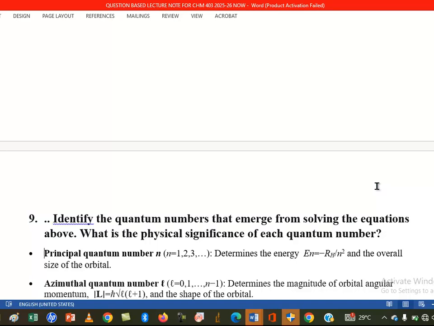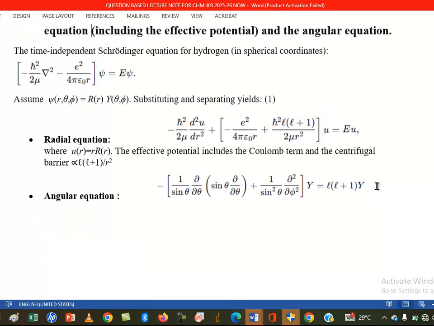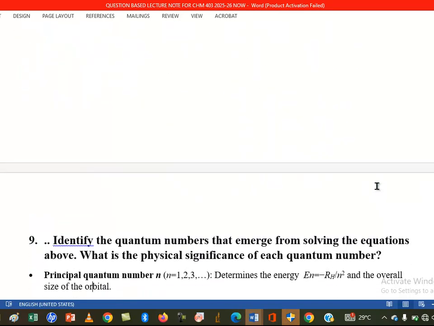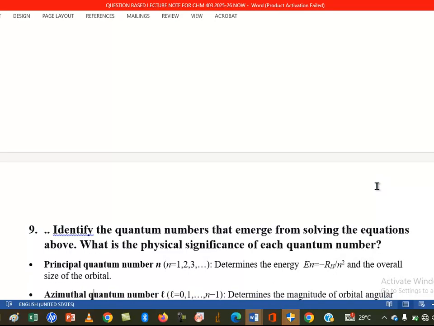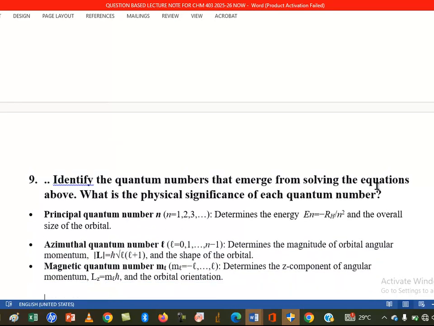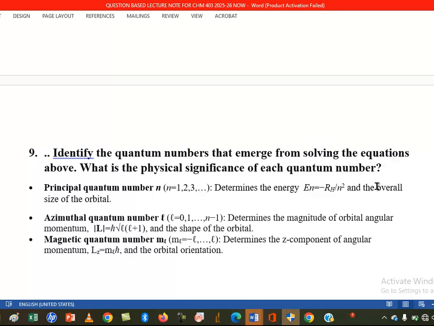Now identify the quantum numbers that emerge from solving the equations above. So what are the quantum numbers you get from solving the Schrodinger equations, that is, the radial and the angular equations? Simple.